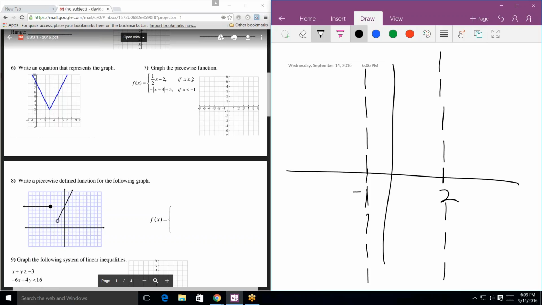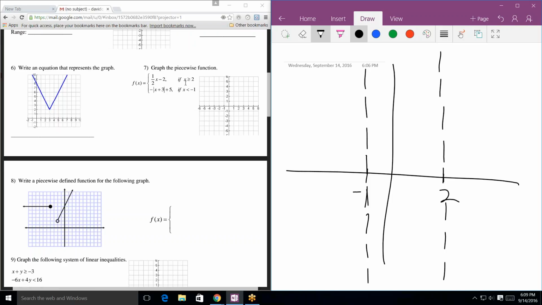Plug in this number for x. What do you get? Well, you get 1/2 times 2, which is 1, minus 2, so minus 1.